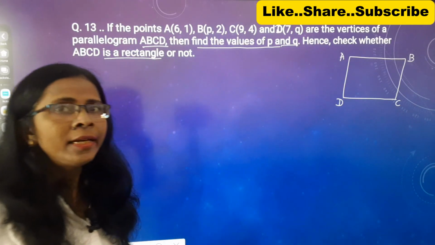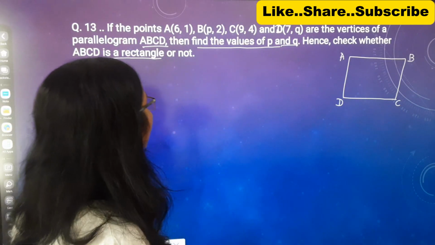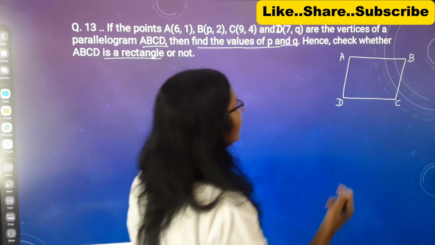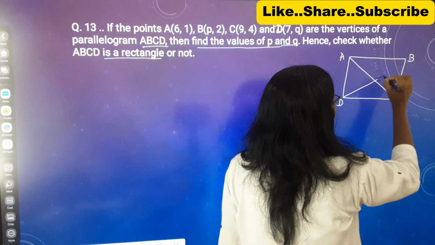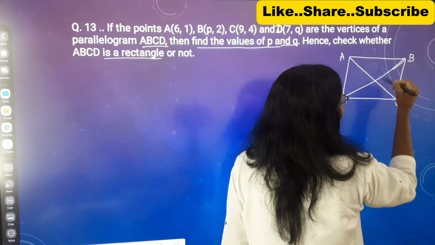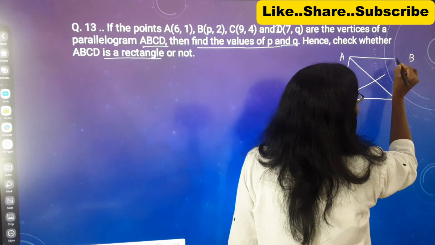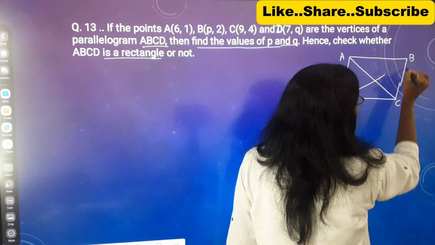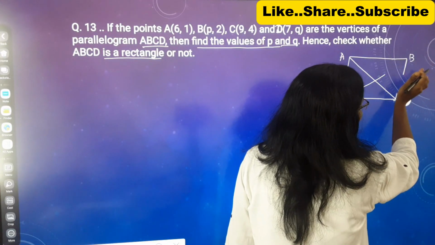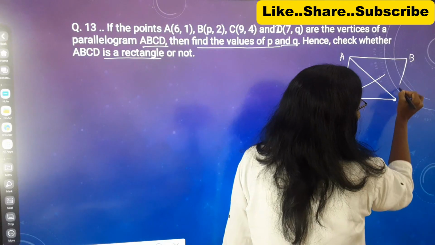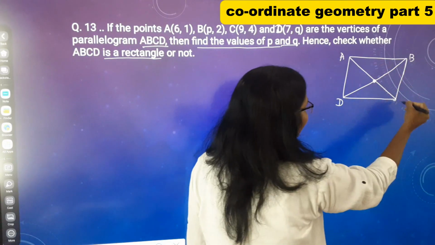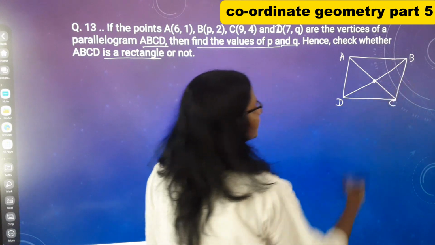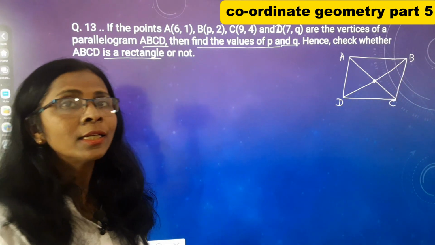Okay. Then here opposite sides are congruent, and if you draw the diagonals AC and BD, then we can say that the midpoint of AC and the midpoint of BD are equal.